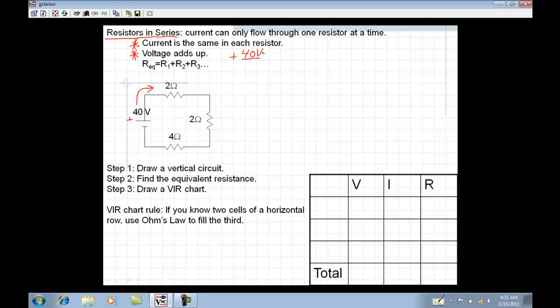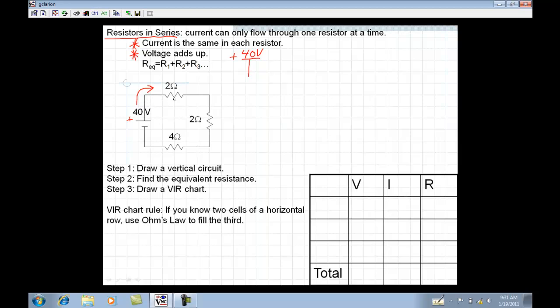Then I'm going to follow the wire. It's almost like I'm taking this wire and bending it so that it's a vertical setup. So there's my wire. Then the current goes through what resistor next?